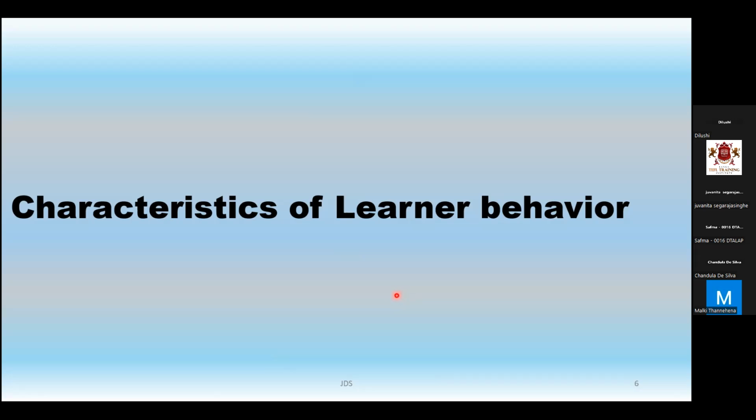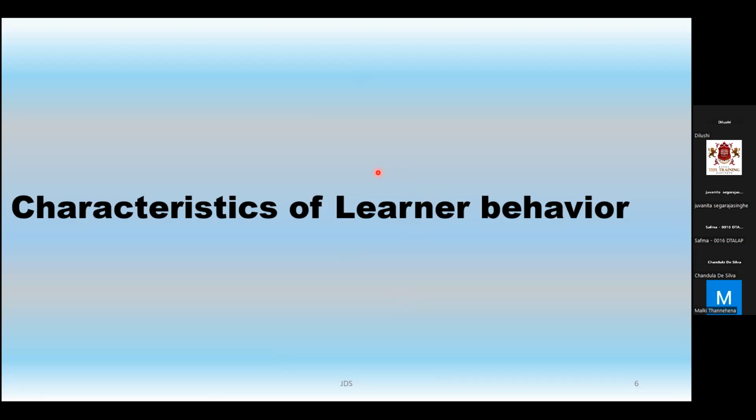Right, if the curriculum is something strange for the learner, he or she won't develop a positive attitude towards the curriculum that he or she is learning. He won't behave in a positive manner towards that learning content as well, right? He will just try to overlook or ignore what he is learning.